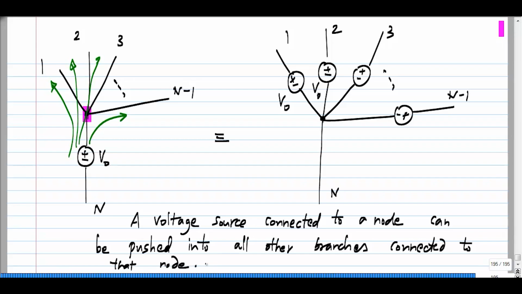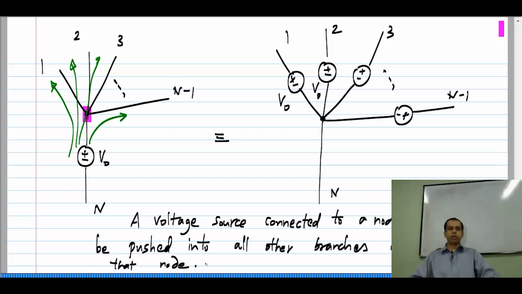So, that is the result, and this result is sometimes useful for quick and easy understanding of certain type of circuits, and it is also useful for certain types of circuit analysis and proving other circuit properties and so on.